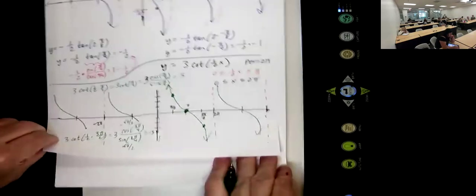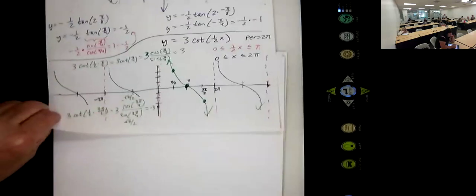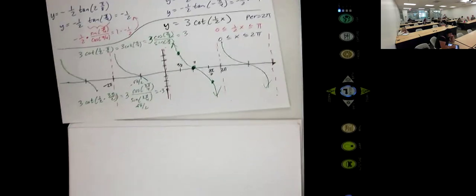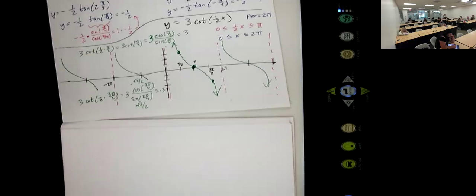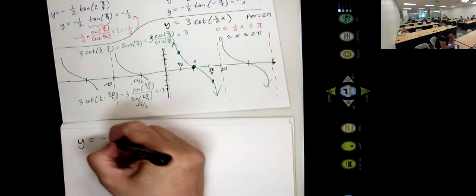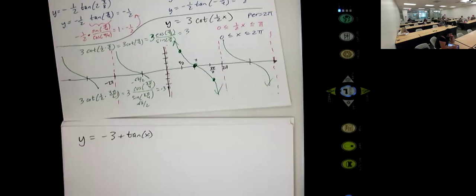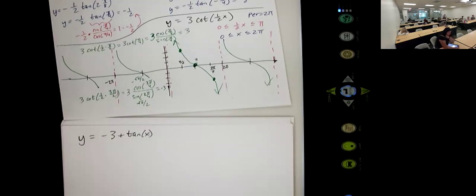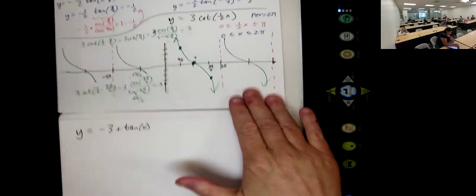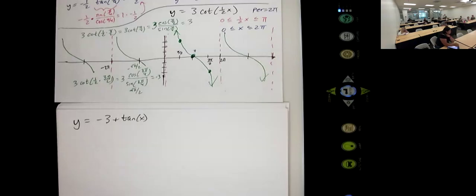What do vertical shifts do and what do phase shifts do? Y equals -3 plus tangent x. So the tangent x part hasn't changed.